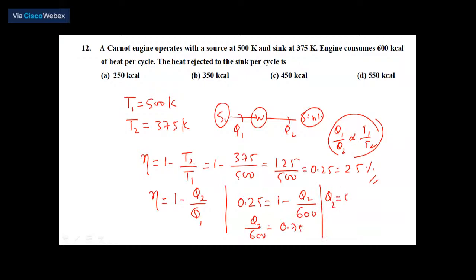Or Q2 is equal to 0.75 into 600, that is 75% of 600, which is 450. Q2 is equal to 450 kilocalories. So option C is correct. Question number 12, option C is correct. We'll move to the next one.